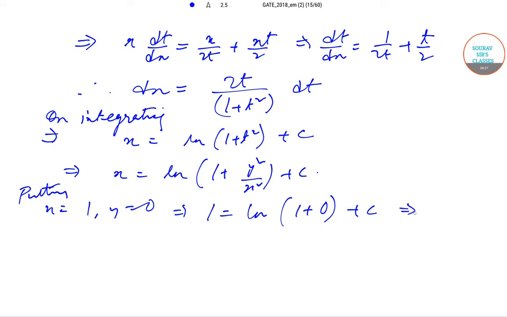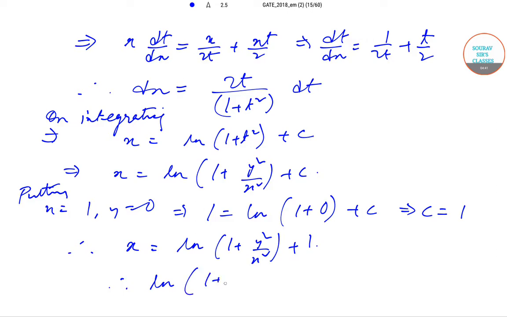So c is equal to 1. Then we can write that x is equal to ln of 1 plus y square by x square plus 1. So this implies that ln of 1 plus y square by x square is equal to x minus 1, which is option A.